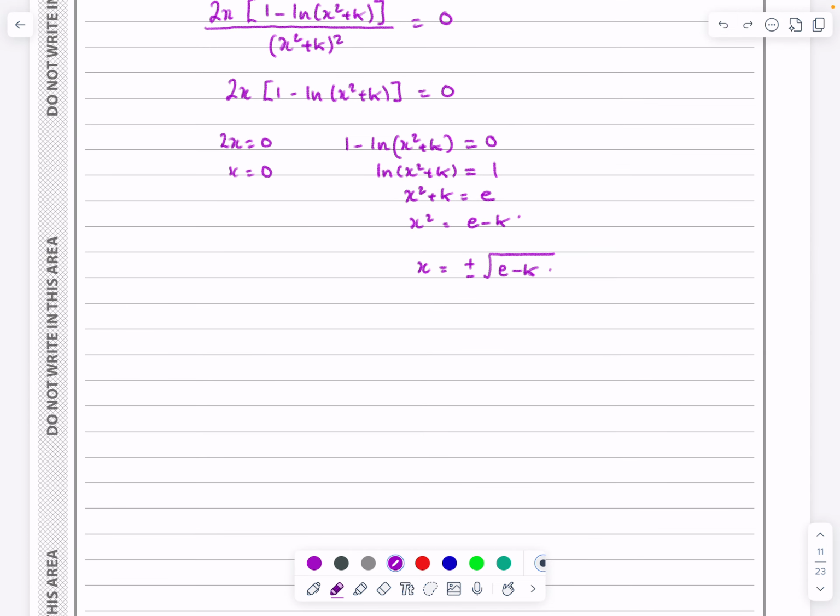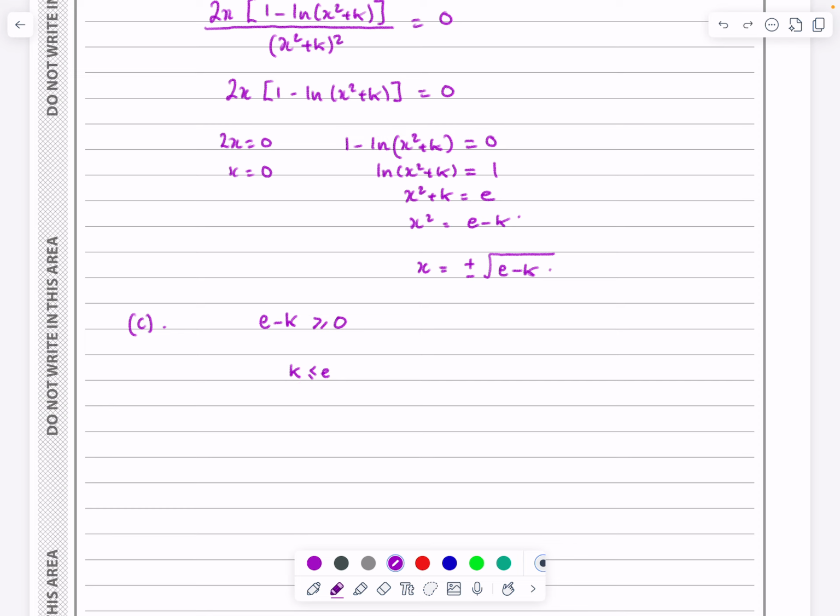So if x is equal to the square root of e minus k, then our limit on k is going to be that e minus k will have to be greater than or equal to 0, won't it? If we're doing the square root, we've got to have this thing being positive or 0. So we're going to get that k would have to be less than or equal to e, in fact, let's not underline that yet because I know there's one last clever little bit.